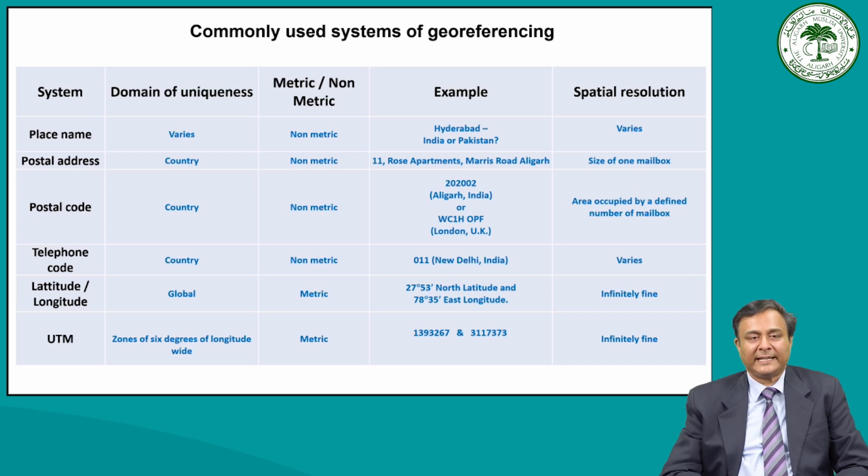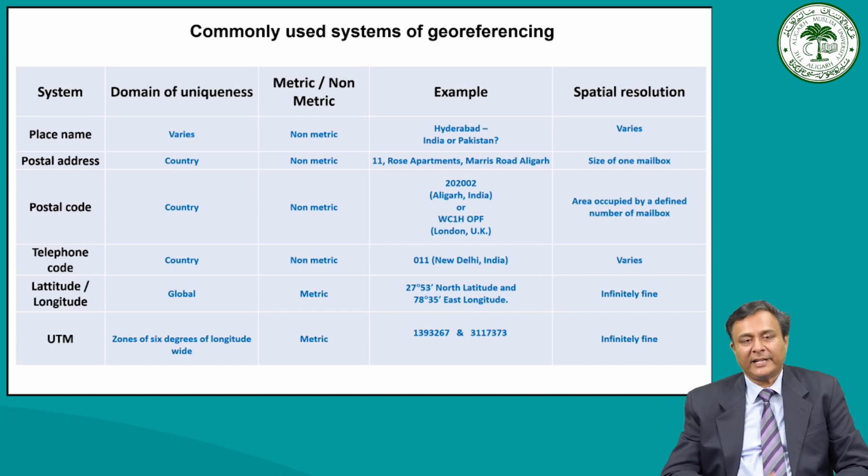Now you look into the examples. As I have mentioned about Hyderabad, the place name varies. So we cannot take the place name all the time as a georeferencing. In day-to-day life, most of the time we refer to any spatial location with the place name. But in digital mode, when we are representing spatial information, it may not work perfectly.